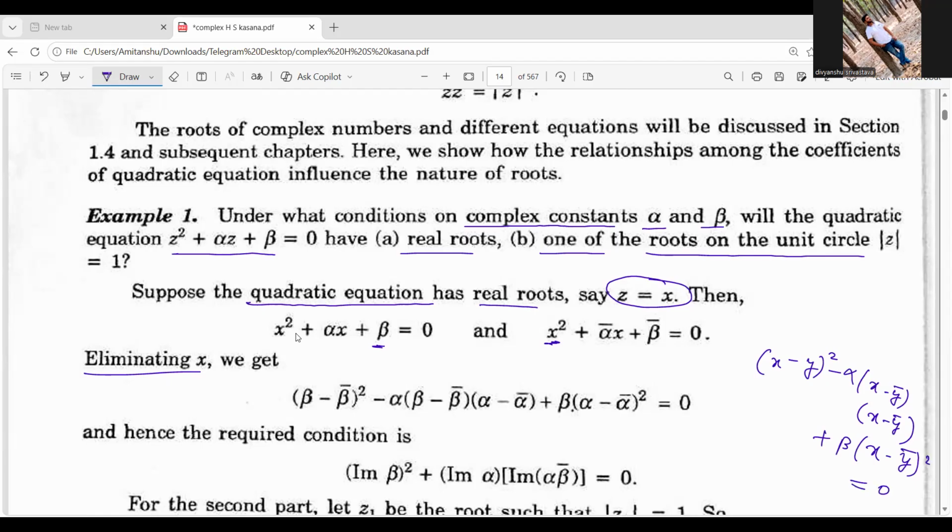These are the basics, I think you already learned in solving problems related to quadratic equations. So convert this into this format.